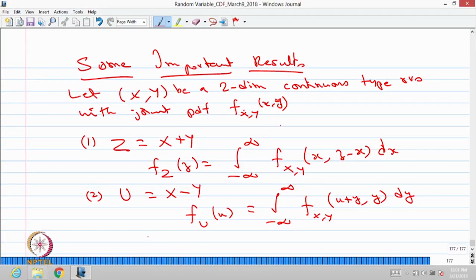This is for the difference of two random variables. By knowing the joint probability density function of x and y, you can directly get the probability density function of u.